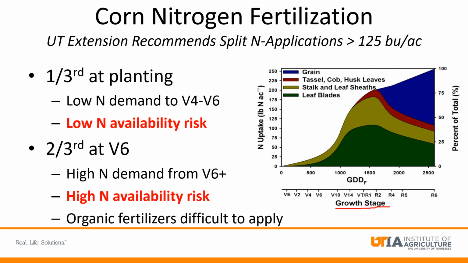This is an advantageous scenario for using litter as a fertilizer because there's low nitrogen demand up to the V4 to V6 growth stage, which would be right here. You can see that the nitrogen accumulation is quite low at this point right here. So there's low risk if you're using an organic nitrogen source where there's some risk associated with the availability factor.